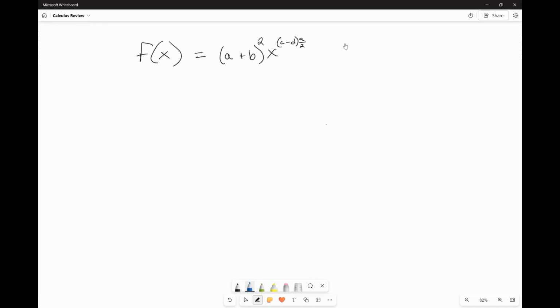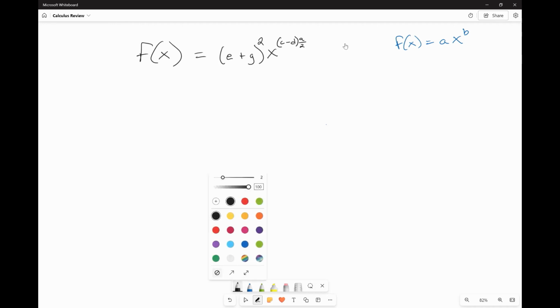Well, first we just need to figure out what is a, right? Here's our generic functional form, a, x to the b. So just look at this and we say, okay, well, what is a? You know what? Here, let me pick some different letters. Let's say this is E and G, just for fun. All right, so what you're going to do is you're going to look at this and you can say, well, what is A?